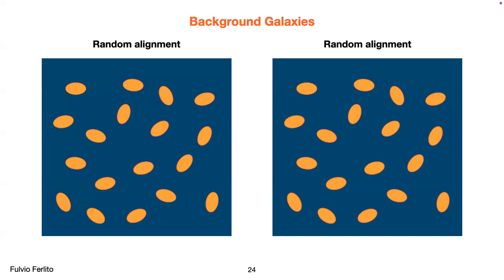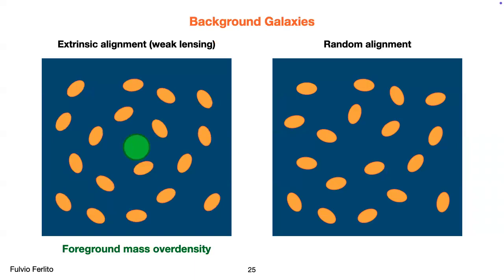The underlying assumption when we do this is that these source background galaxies are randomly oriented. How reliable is this assumption? Well, it turns out that it's not super reliable, and it's quite difficult also to model to which extent they are already showing an intrinsic alignment in this sense.